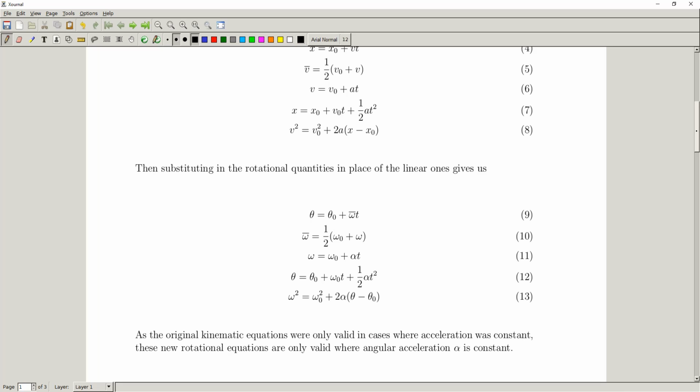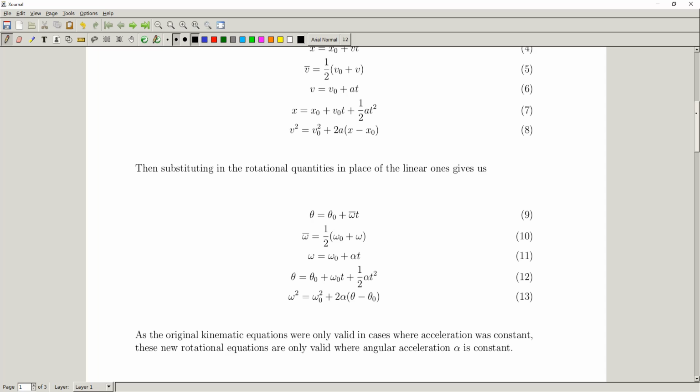And so we can basically take any problem we could have done in the linear context, and just by translating over, well, we're going to see it's not quite as simple in every situation, but in many situations, just translating to the rotational equivalent, we can then make up a problem and solve a problem using those tools.